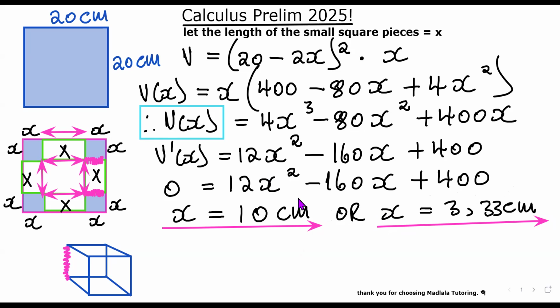Now here we got two values of x. They're not wrong, but now we need to decide which one is going to give us the maximum volume. That's very important. And this is not surprising to get two values of x. Why? That's because your volume function is a cubic function.